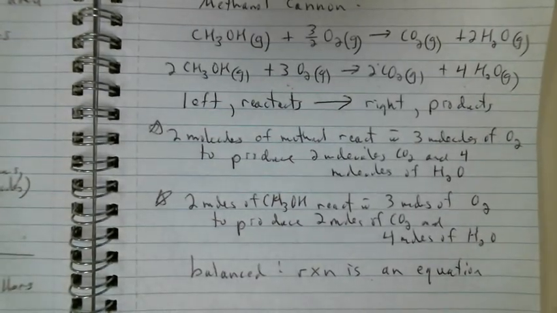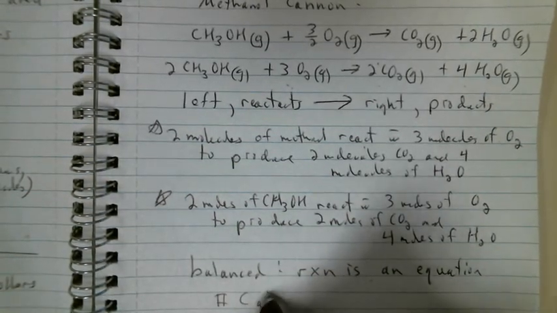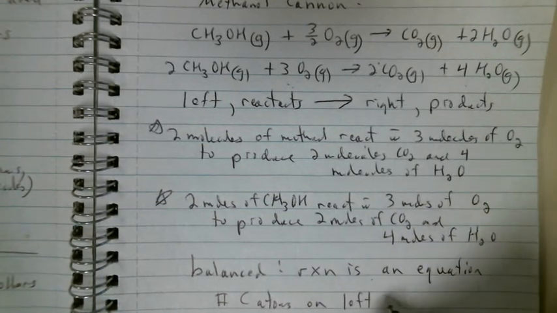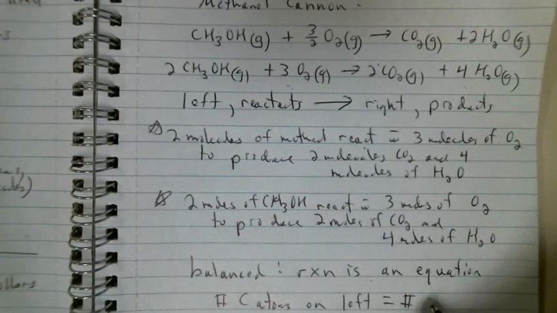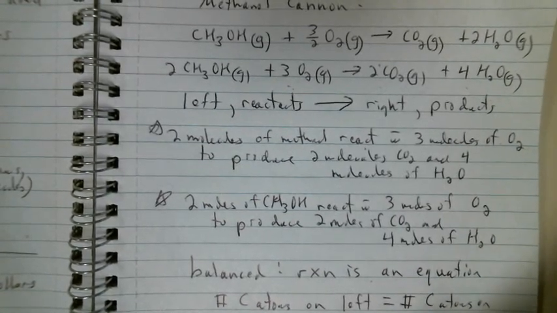Okay, the law of conservation of mass says that we can't just disappear something. And so the number of carbon atoms, for instance, on the left has to equal the number of carbon atoms on the right.